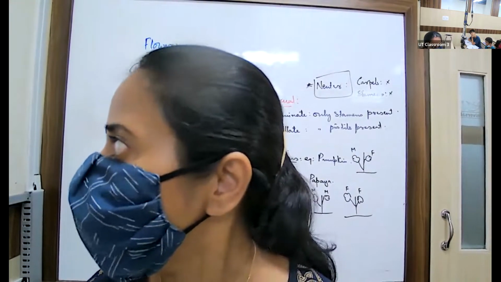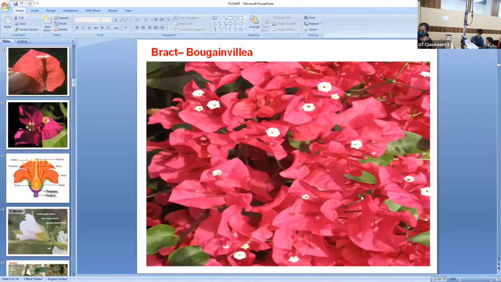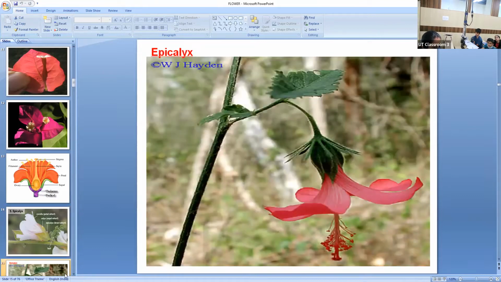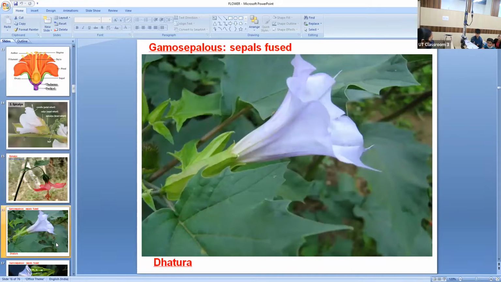Now, the first term, gamosepalous. What is the meaning of gamosepalous? Look into the sepals here. These are the sepals, this green part.